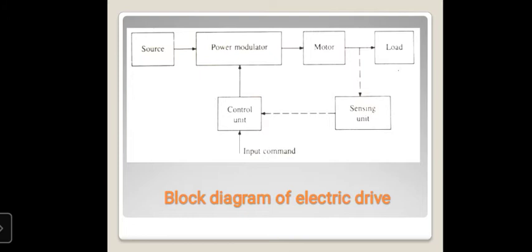Now tell me, how many types of DC motor are there? Series, shunt, and compound. There are three main types of DC motor available. Mainly we use these types, and some special DC motors are also available, like the servo motor, stepper motor, BLDC motor, and permanent magnet DC motor.